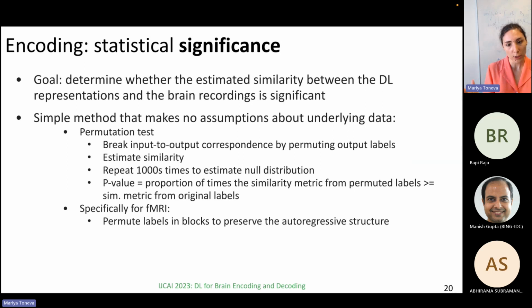And so there's some correlations between consecutive images in the fMRI that, if we break them using this permutation, if we permute all the samples, all the images, we break this autoregressive structure, and this will unfairly result in a very low similarity score at the end. So we want to preserve this autoregressive structure, so we permute these labels in blocks rather than as independent samples.